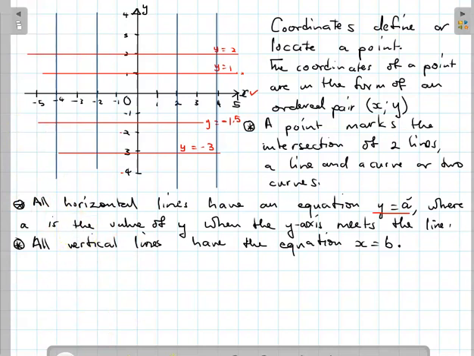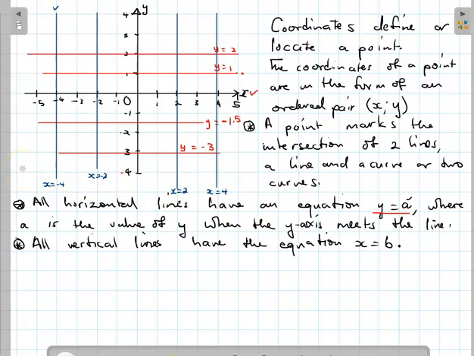So now the first one, which is this one, we can see that it cuts the x-axis at -4. So it means this is the line x equals -4. That is its equation. And this is the line x equals -2. And then this is the line x equals 2. And then this is the line x equals 4. In that way.